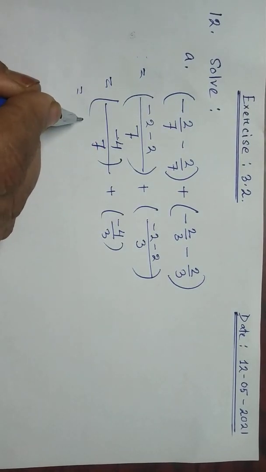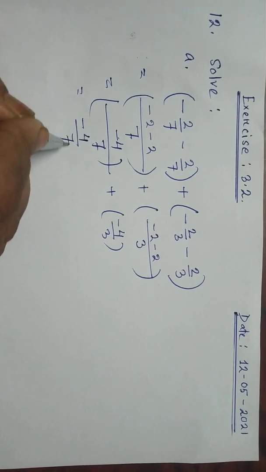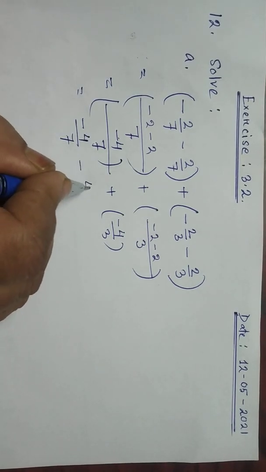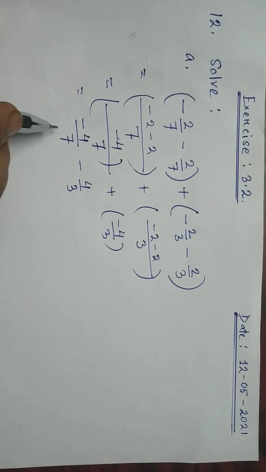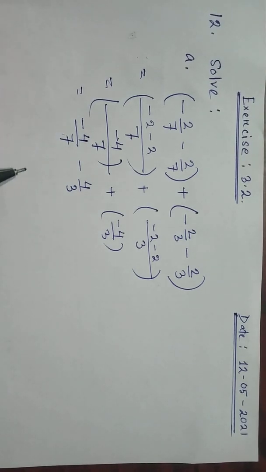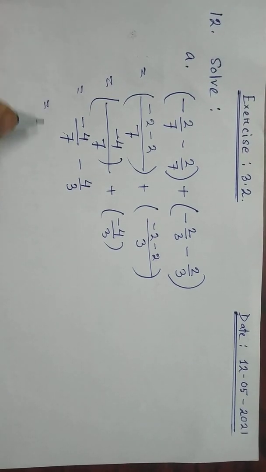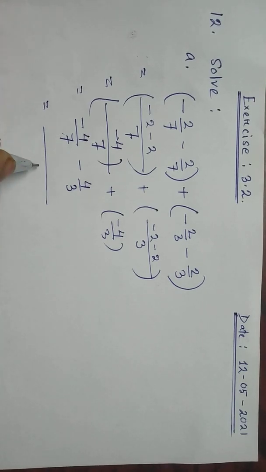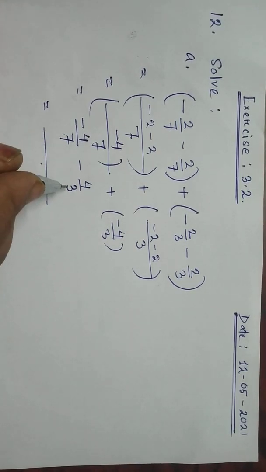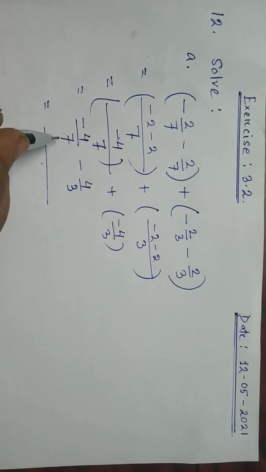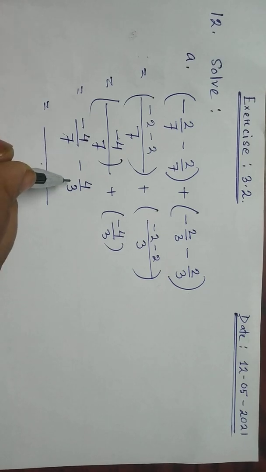Now these two are unlike fractions, that's why 7 3s are 21. Why do we multiply 7 3s are 21? Because 7 and 3 have no common factor other than 1. Therefore we have to multiply to find the LCM.